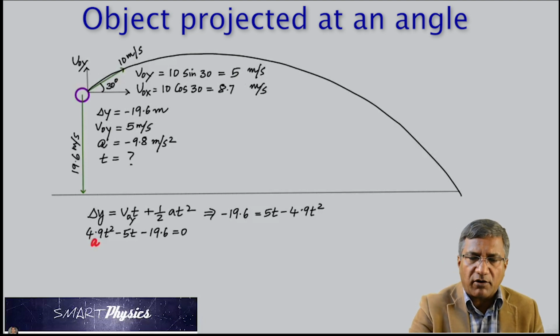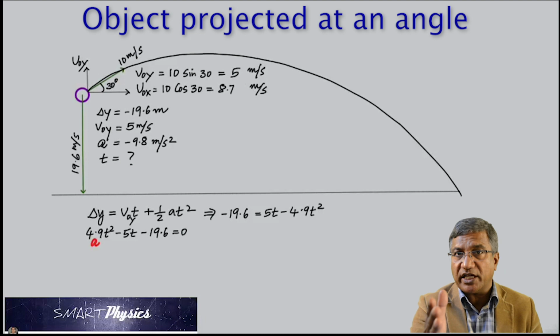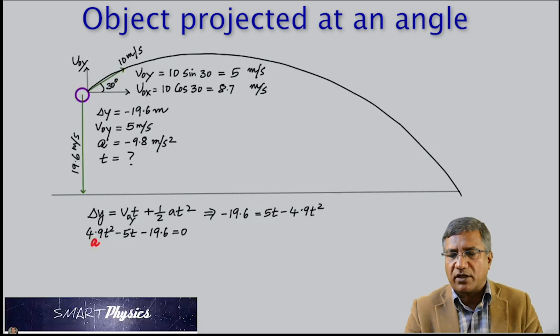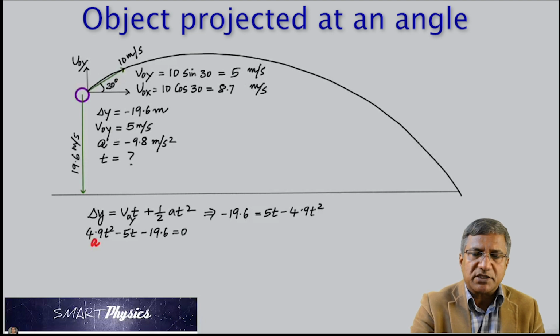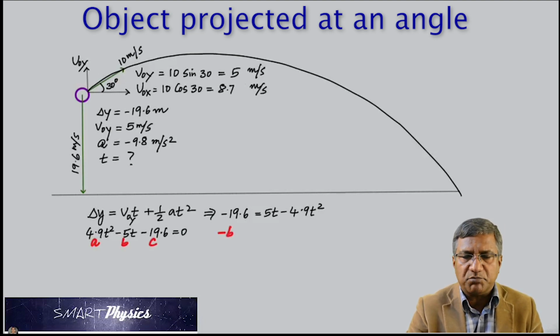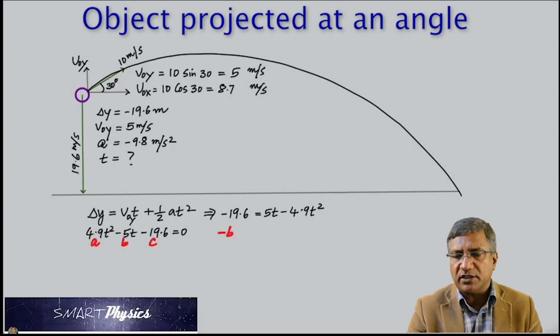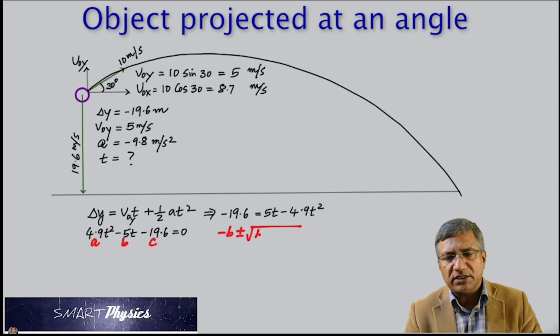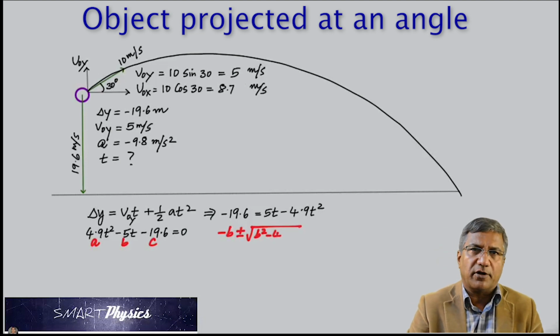Now the sign of negative 19.6 didn't change because it was already on the left side. And once you get the quadratic equation, you must know that 4.9 is A, 5 is B, and 19.6 is C. And from your formula sheet, here is the quadratic formula.